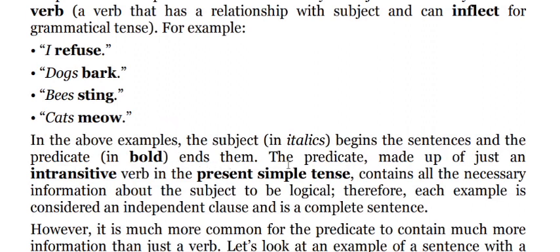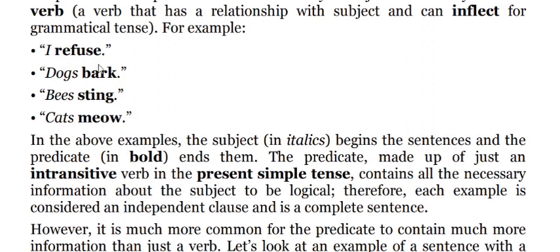The predicate made up of just an intransitive verb in the present simple tense contains all the necessary information about the subject to be logical. Therefore, each example is considered an independent clause and is a complete sentence.